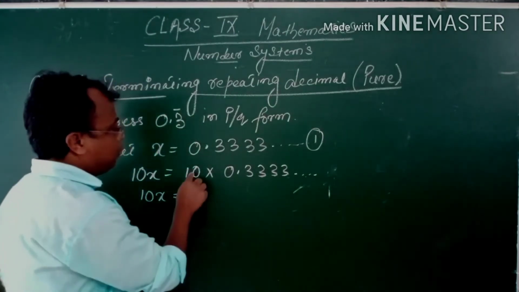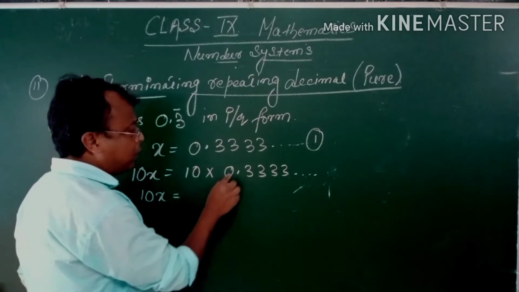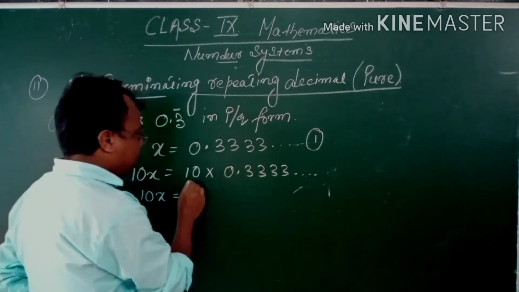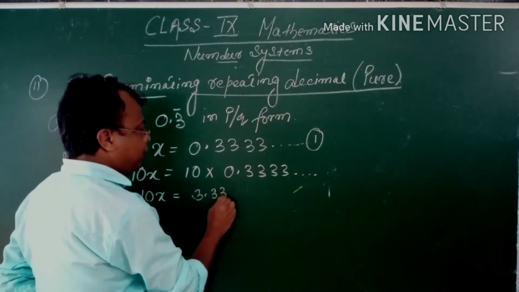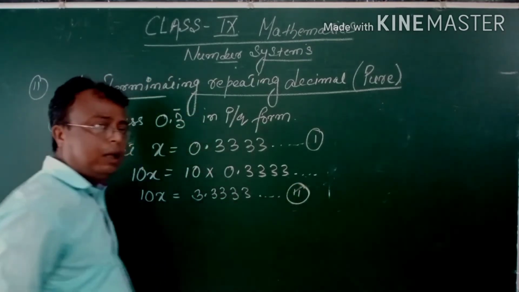Okay, now I am multiplying this decimal number by 10, so now the decimal will shift here. Now 10 into this one we will get 3.3333 dot dot dot. Equation number 2. Clear?